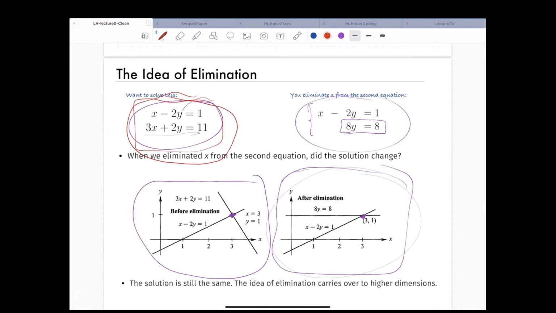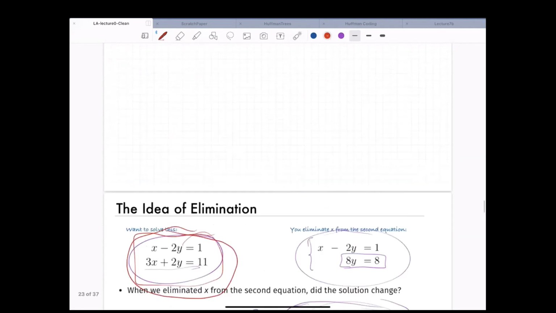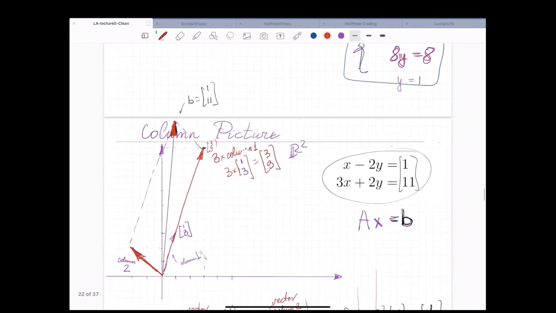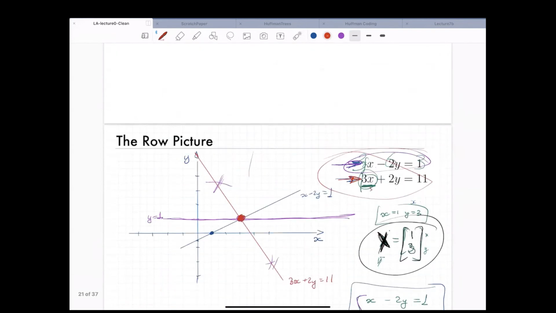And there are two distinct views of those systems. One is called the row view, in which we view the rows in the system as hyperplanes and look at the coordinates that satisfy all equations in the system simultaneously. That geometrically corresponds to an intersection of hyperplanes.